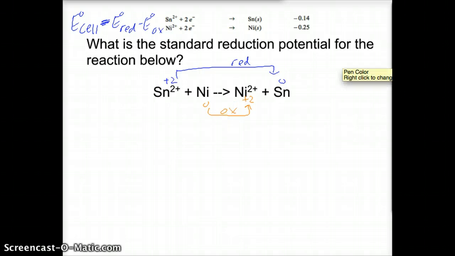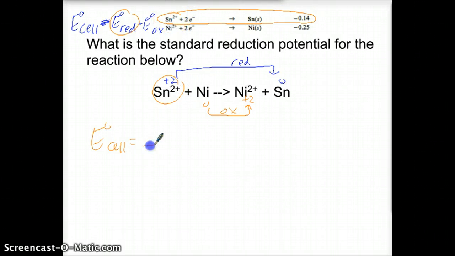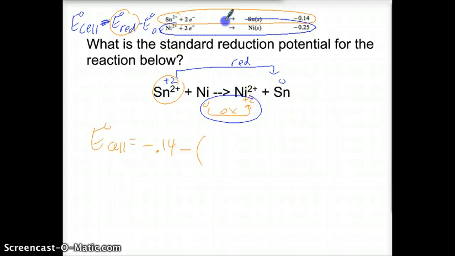So if I plug this in, okay, E naught of the cell is going to be the voltage of what's getting reduced, which in this case was Sn2 plus, negative 0.14, minus the voltage of what's getting oxidized, in this case nickel, negative 0.25.